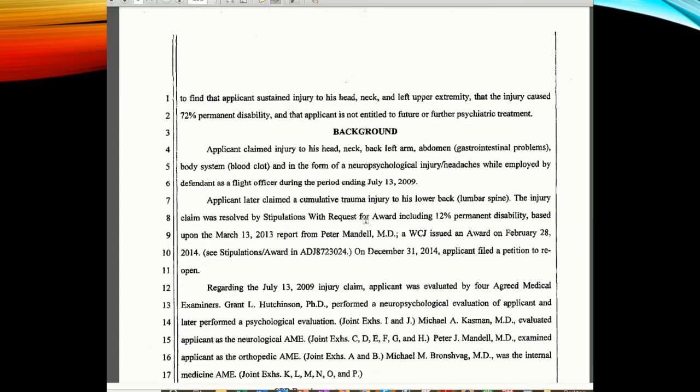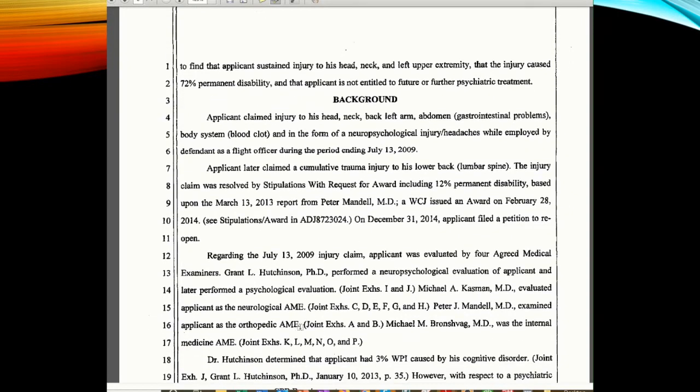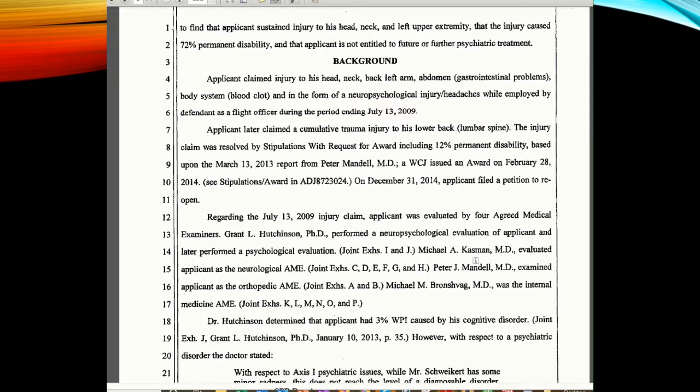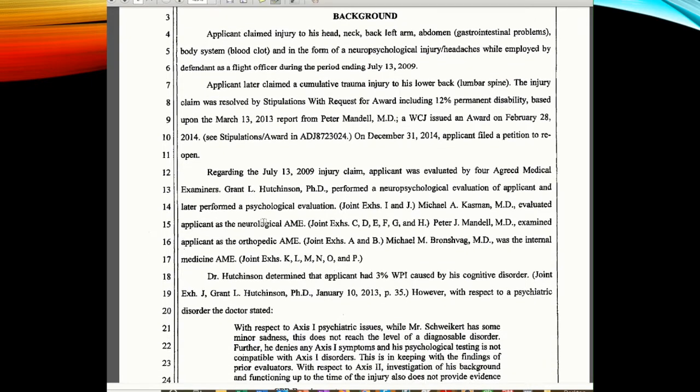So let's go through this very quickly. Regarding the July 13, 2009 injury claim, applicant was evaluated by 4 agreed medical evaluators.